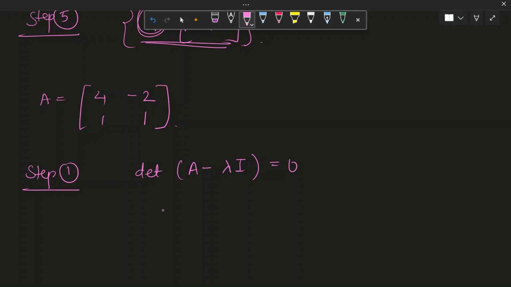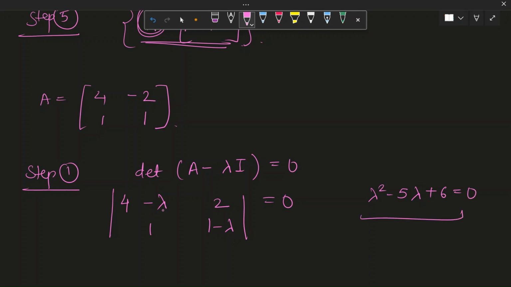For this, we will get this matrix. On expanding and solving for the determinant, we will get this quadratic equation, and I am solving it simply using the substitution method. You will get the eigenvalues lambda 1 as 3 and lambda 2 as 2.